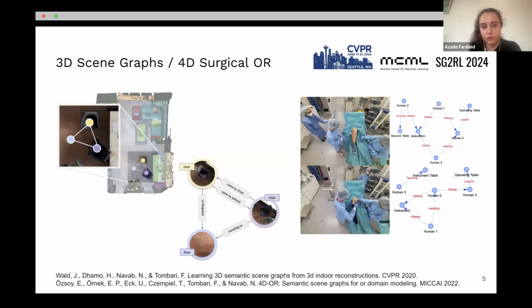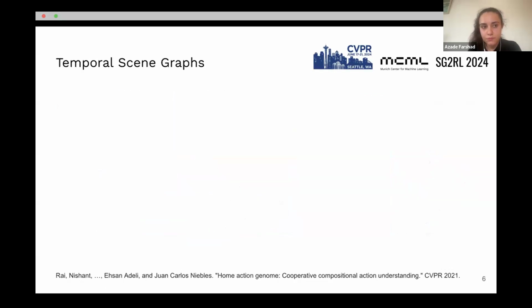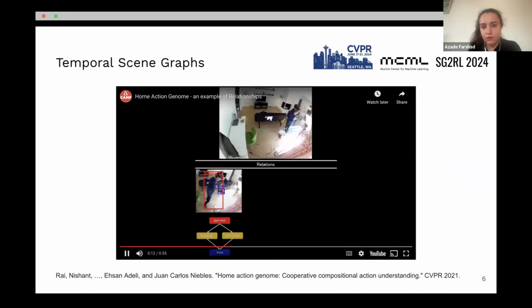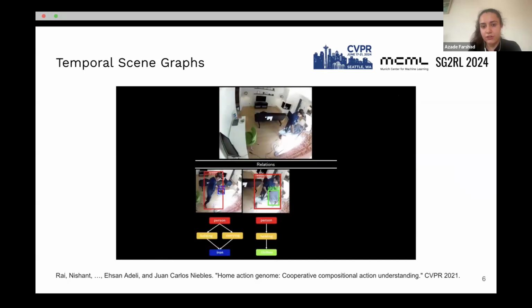Also, some of these were by Archer, Federico Tombari, and Nassir Navab. And later, which is also more relevant these days because video models are more popular, there were some datasets for temporal scene graphs, such as Action Genome and Home Action Genome, that model the videos with scene graphs.